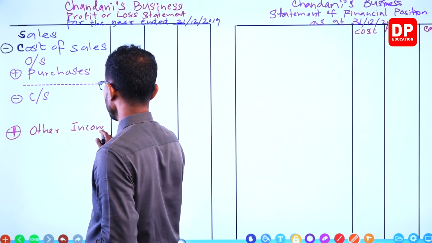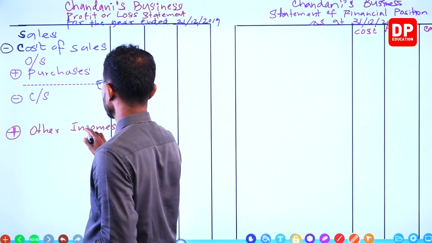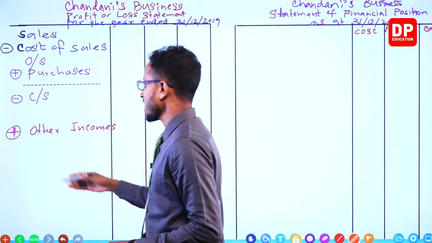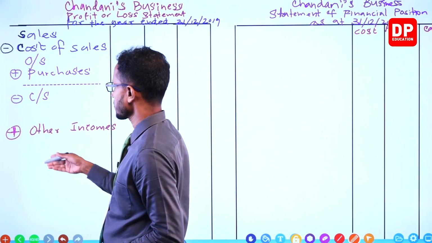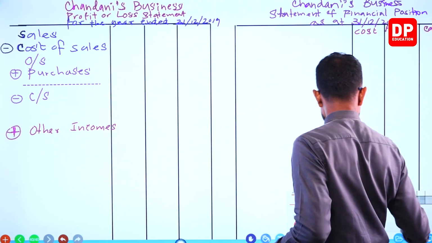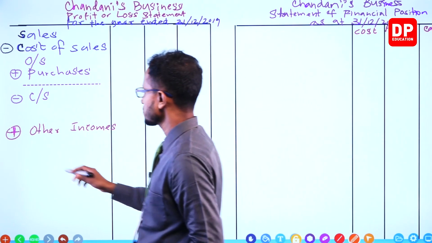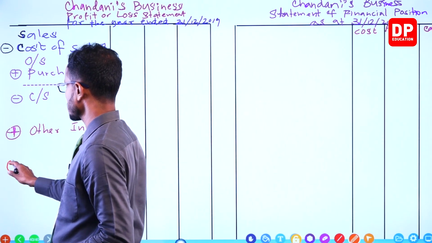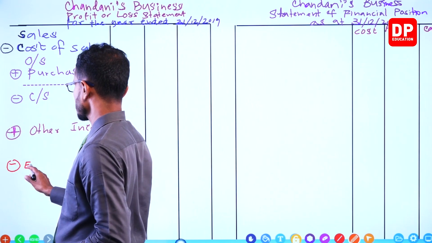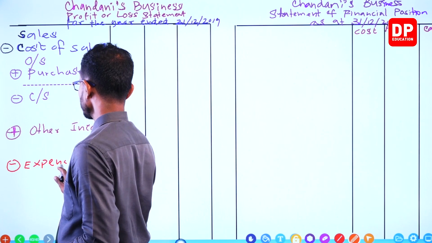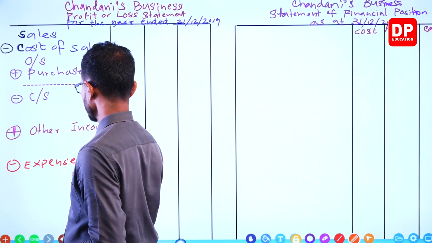Leave a couple of lines under other incomes. Then you get expenses, minus expenses. Get it?